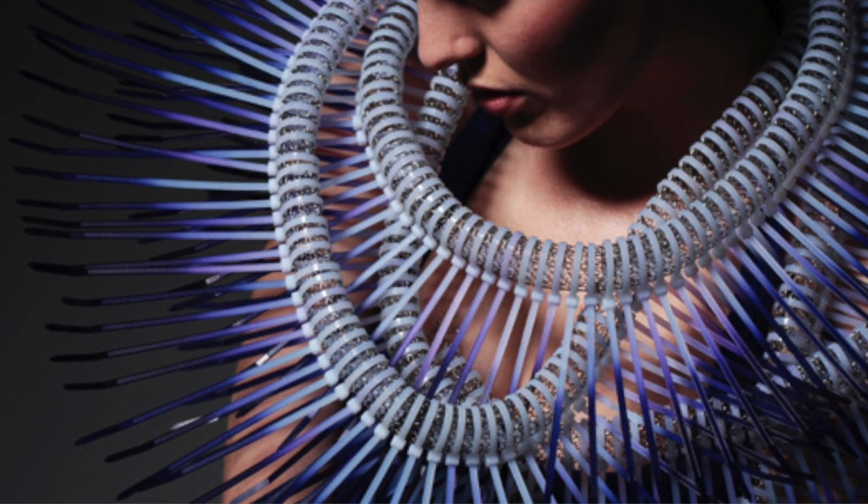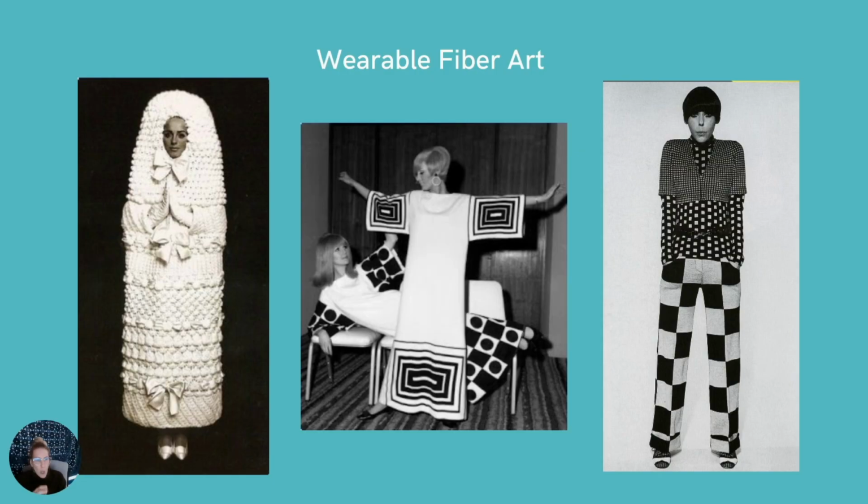And so when we move up to the 1960s, the wearable art movement really shifted into exploring different fibers and exploring different ways of creating art that can be worn by the whole body, not just as a jewelry extension or ornamentation and extension. And so in the 60s, we saw fiber and materials being incorporated into wearable art.